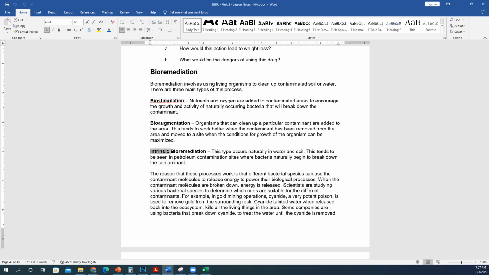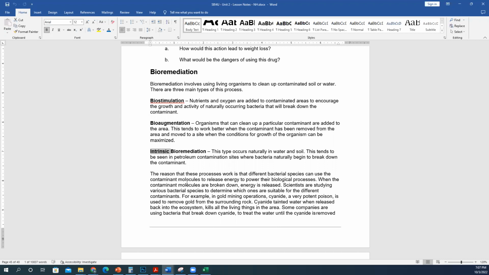So scientists are studying different types of bacterial species to determine which ones are best suited for which contaminants. For example, in gold mining operations, you have cyanide, which is a very, very poisonous material. Cyanide is used to extract gold from the rocks in gold mines. The problem is that cyanide-tainted water gets released back into the ecosystem, and that ends up killing many of the living things in that area.